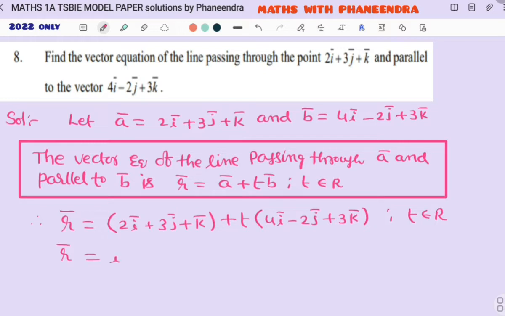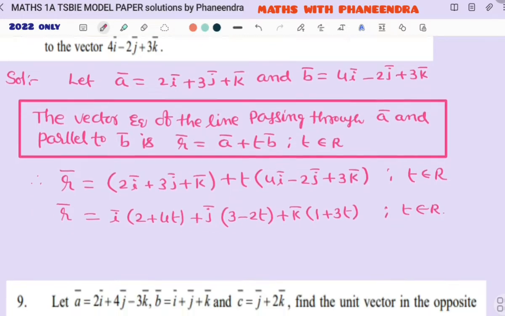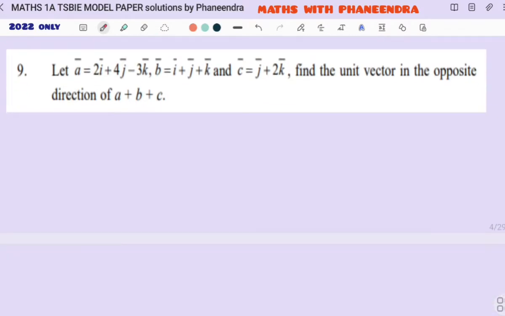Like this way you can do that. i bar into 2 plus 4t, that is (2 plus 4t) i, plus j bar into (3 minus 2t), plus k bar into (1 plus 3t), where t belongs to R. This is the way we can write it. That's all. We'll move on to question number 9.